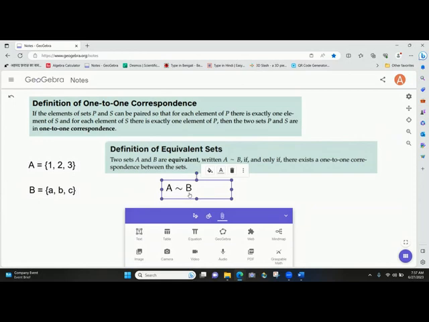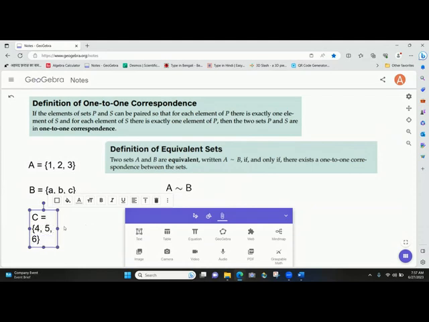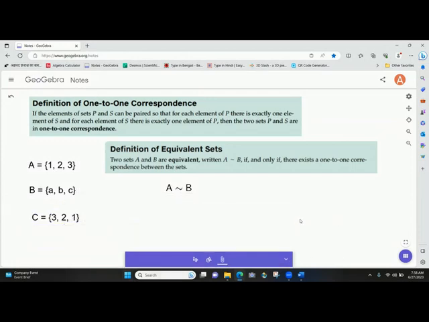This is how we write it. So if two sets are equivalent, they don't have to be equal. But take a look at this. Let's make another set C. Set C has elements 4, 5, 6. No, let's change it to 3, 2, 1. Now, clearly, set C and set A are same.